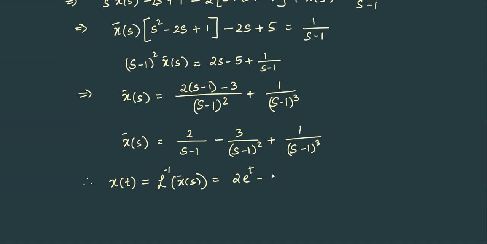Now this is minus 3 times e power t into t to the power 2 minus 1, that is 1 by 1 factorial, plus Laplace inverse of this is e power t into t to the power 3 minus 1, 2 by 2 factorial. So x of t, we can take e power t common.